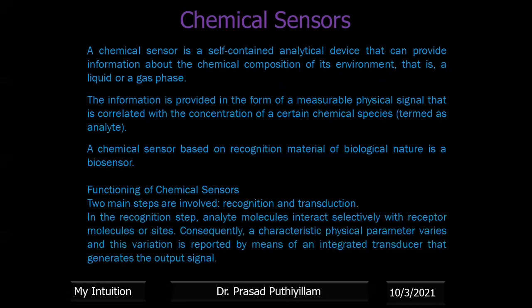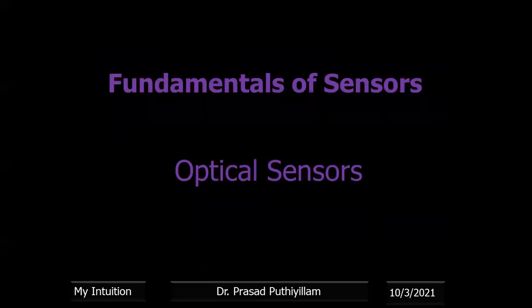In the recognition step, the analyte molecule interacts with the selected receptor molecule present in the device. That means it will detect it. Then the second step is the transduction process. It is converted into a physical parameter based on the amount or quality of the chemical species present, to give the output signal.